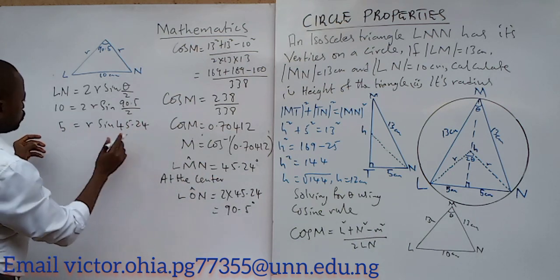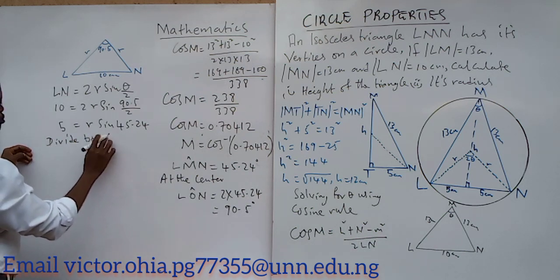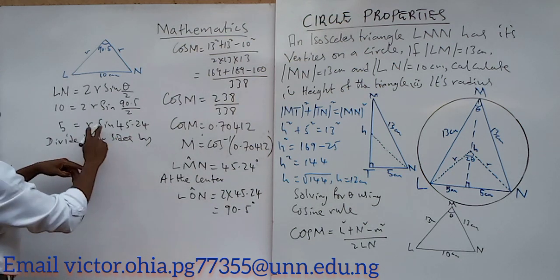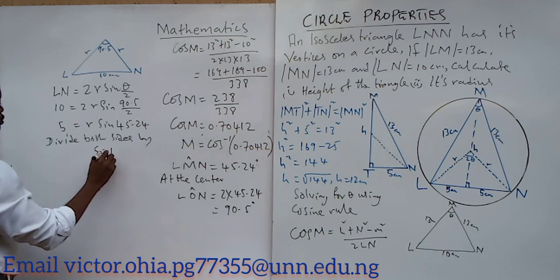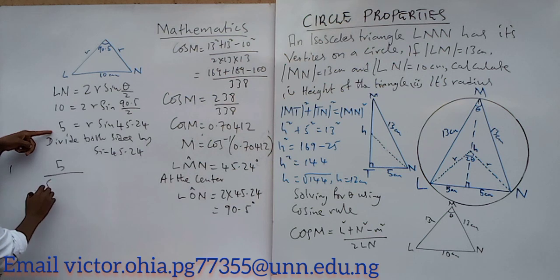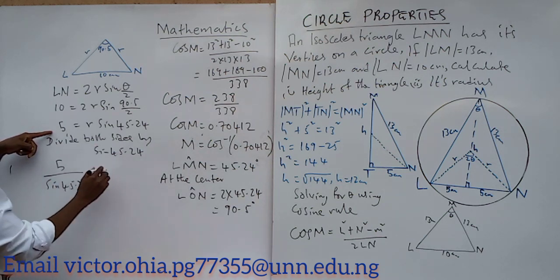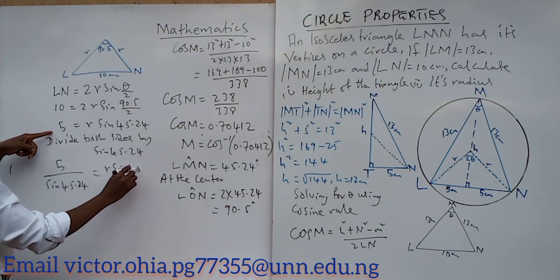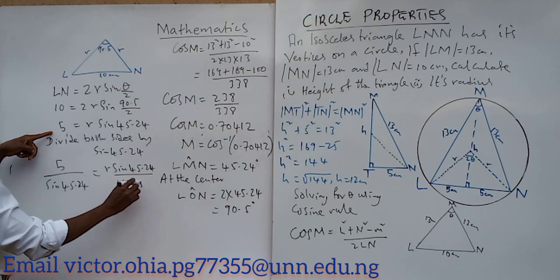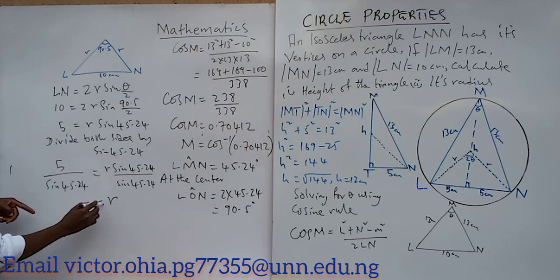So if I divide both sides again by sine 45.24, you have 5 over sine 45.24 equals to r sine 45.24 over sine 45.24. So you see that r will stand here equals to this.